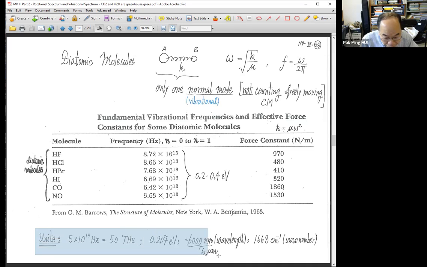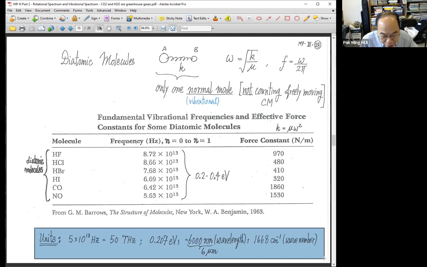And for those of you who want to have some ballpark range in your mind, here I try to give you one example, with as many units as I can. So 5 times 10 to the 13 hertz, that is frequency. It is 50 terahertz, another popular name. And then it is 0.2 eV, all right? That is the physics students' preferred unit.